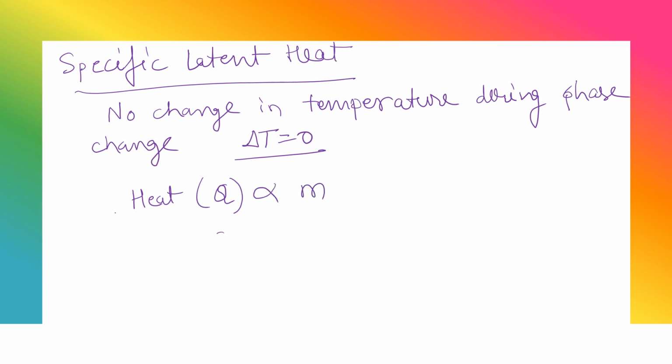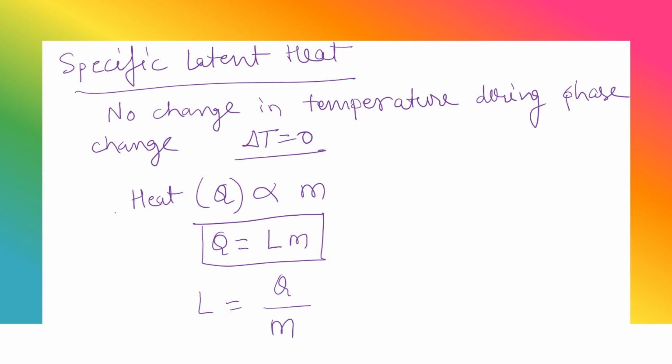So I can write here Q is equal to L, L is a constant here, into M. Now this L depends on the type of material, and this L is called the specific latent heat, and the formula is written as L is equal to Q by M. Why is it called specific latent heat? Because the heat is required per unit mass of substance.